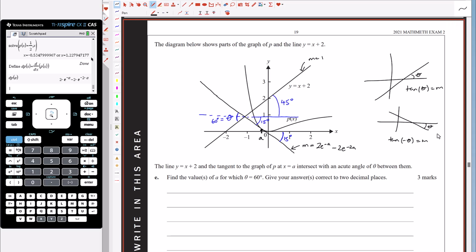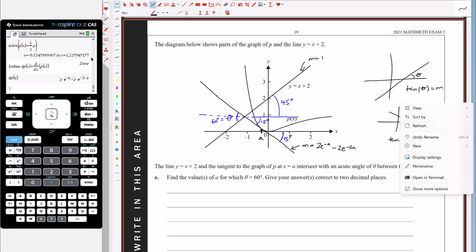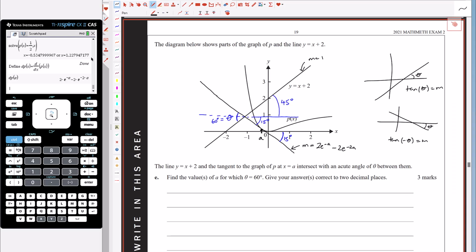So the answer that you get, if you do inverse tan of a negative gradient, you get a negative angle, is what I'm saying. So you need to be a bit careful here. So this is where m is less than 0. And this is where m is bigger than 0. So you just need to be a bit careful. Or the other thing is that you take the modulus of your gradient.